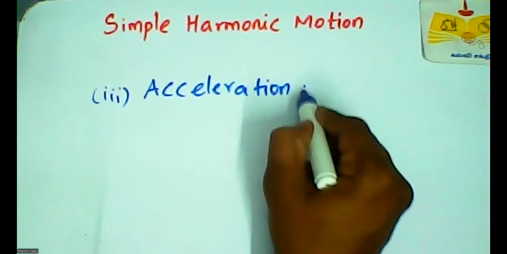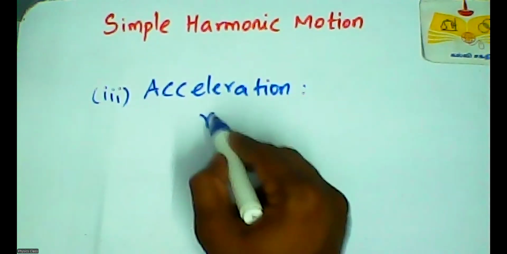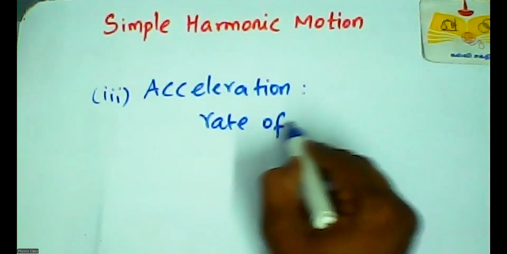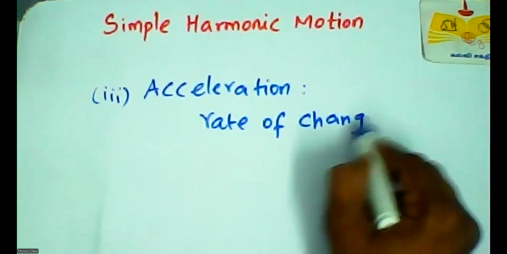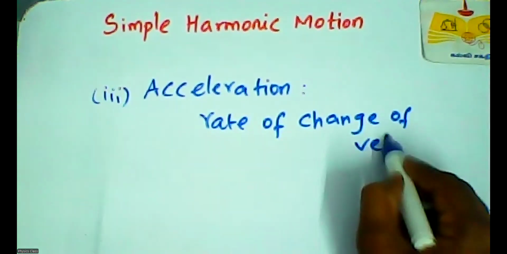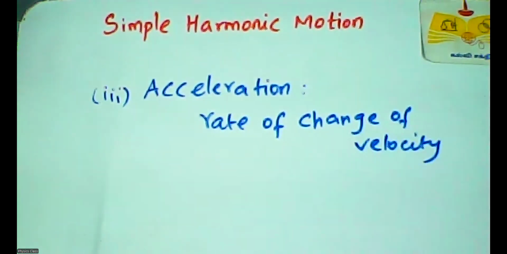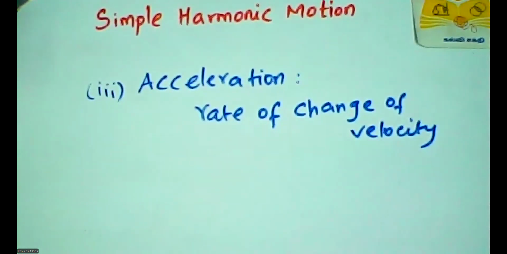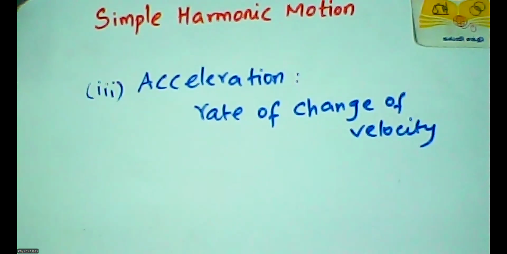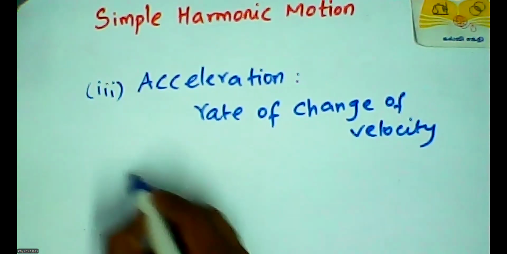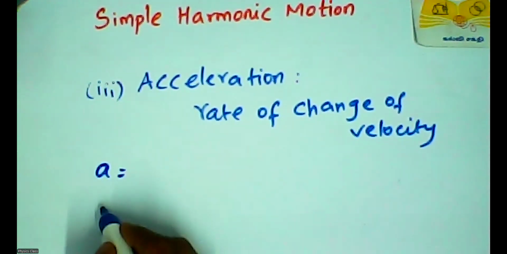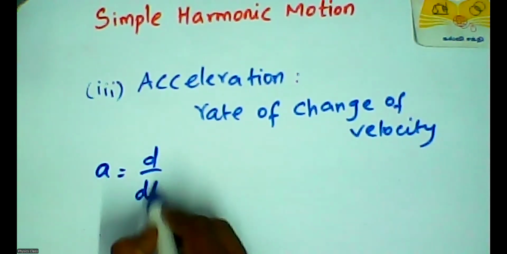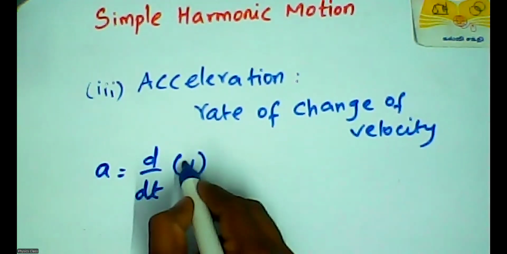Acceleration is nothing but the rate of change of velocity, which means differentiation with respect to time. So a is equal to the differentiation of velocity v with respect to time.